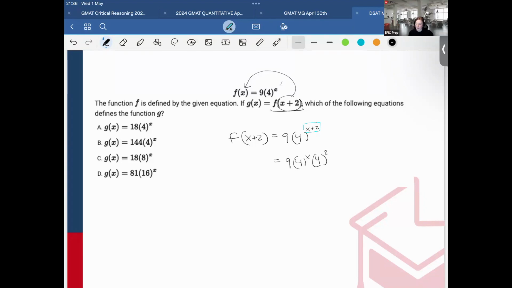The bases are the same, it looks like this. It's another way to express that expression. So then I can just multiply 9 times 4 squared, multiply with 4 to the x, and 9 times 16, that's 144.